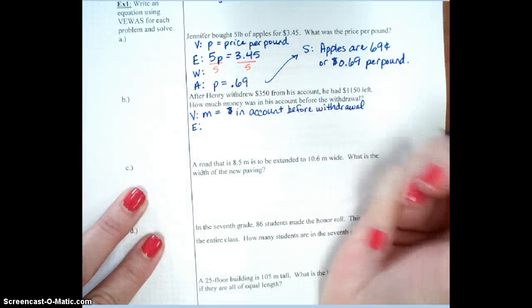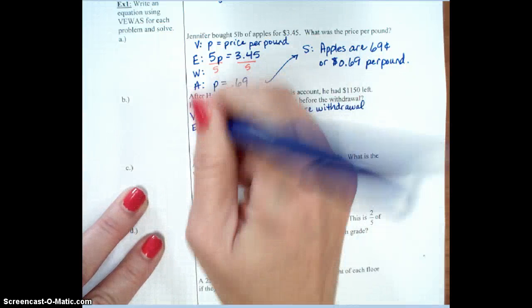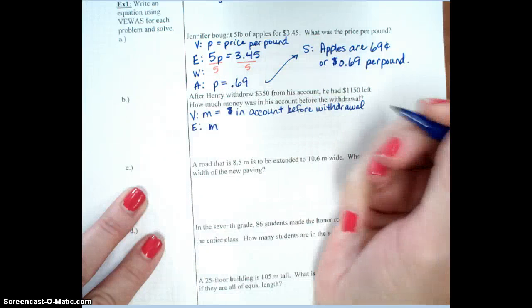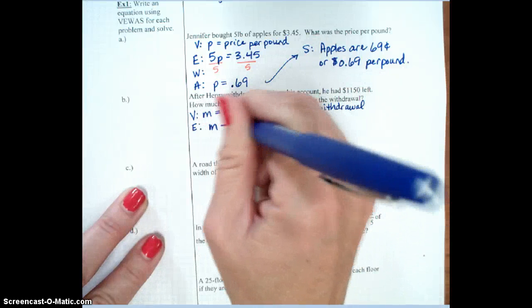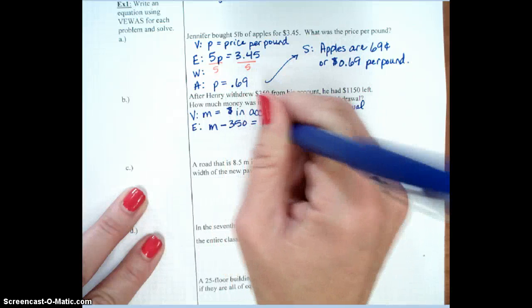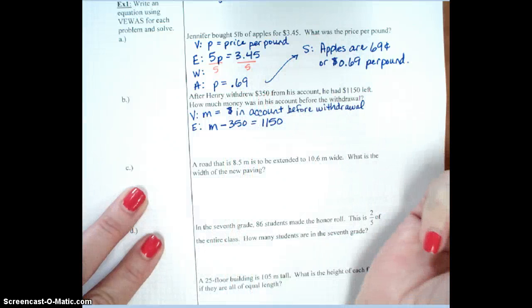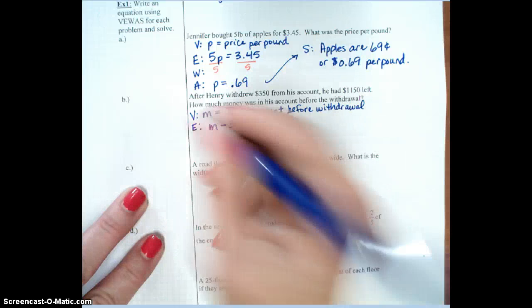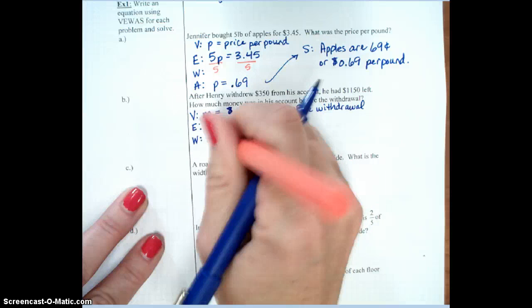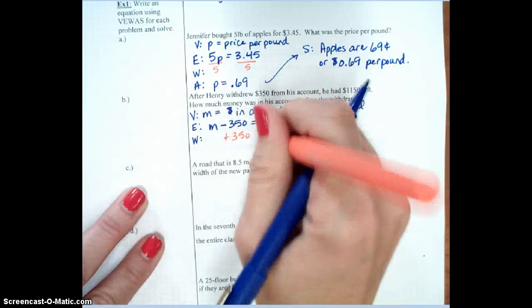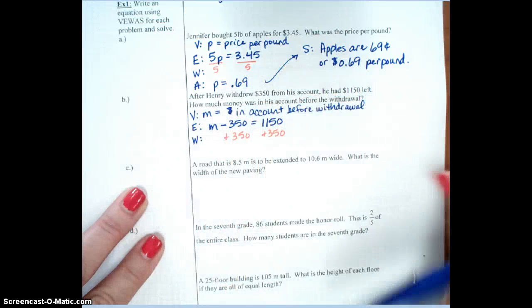Okay, so my equation would be the money that he has in his account before he withdrew it, and then he took out $350 and he was left with $1,150. So then I want to show work on my equation to solve for M. I'm going to add 350 to both sides of the equation.